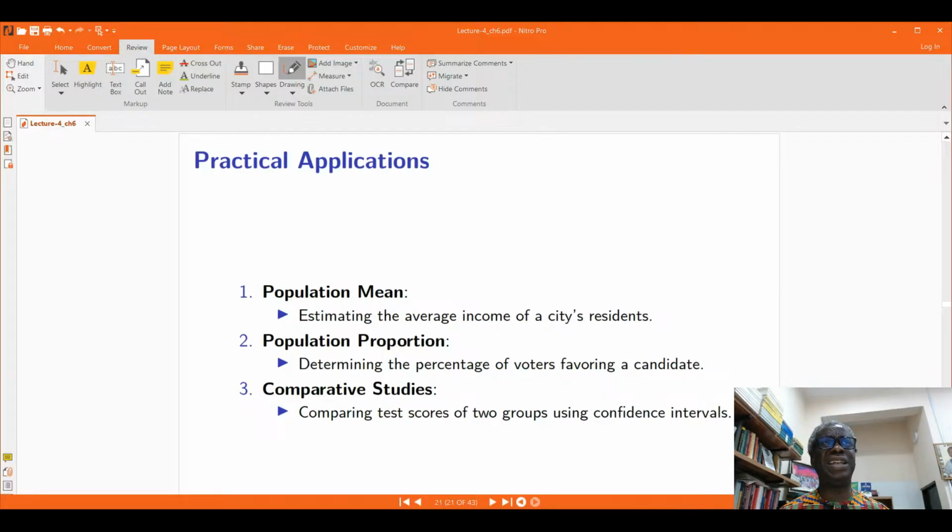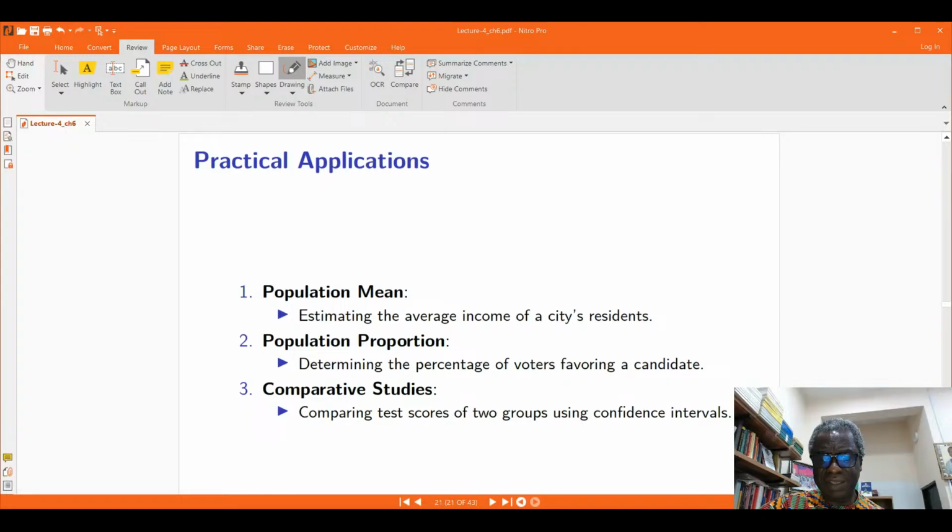So we can apply this to different situations in your field of study, economics, other experimental sciences, social sciences. Issues arise where you need to estimate a population quantity that you don't know. The same goes for population proportion.